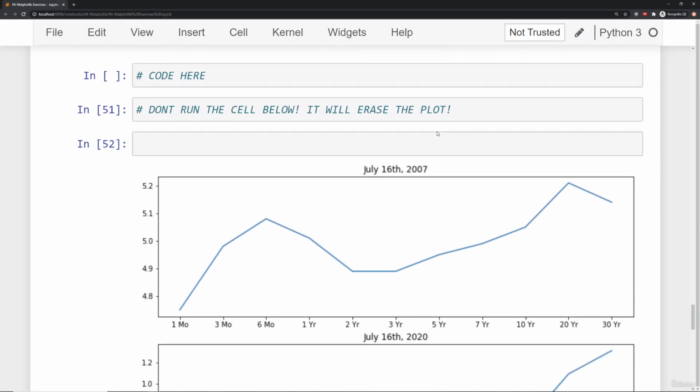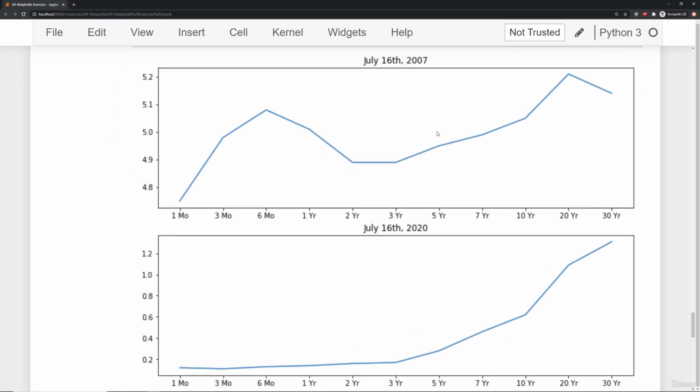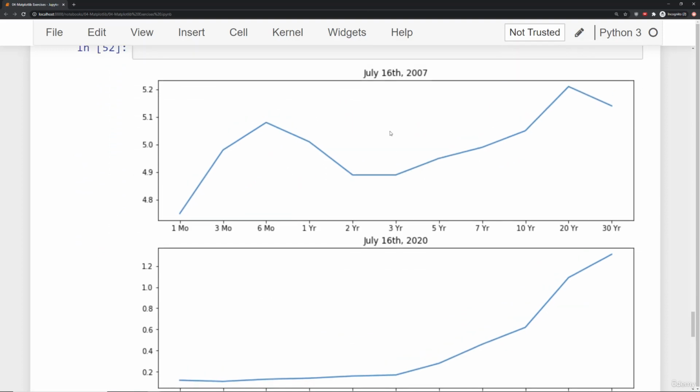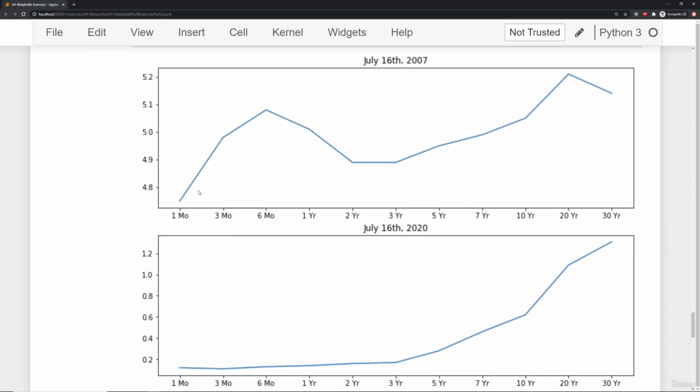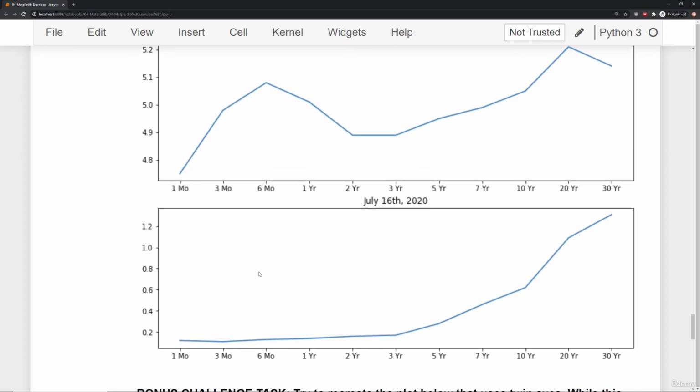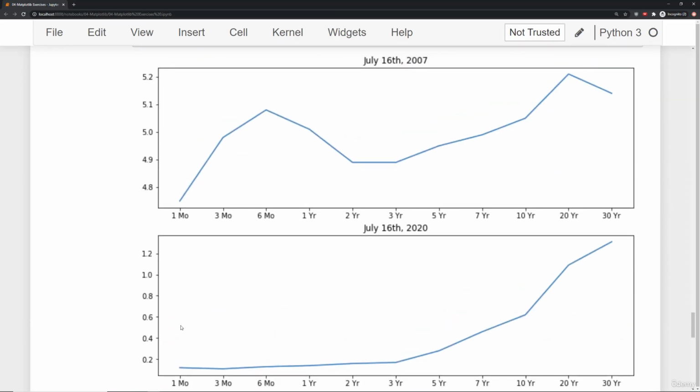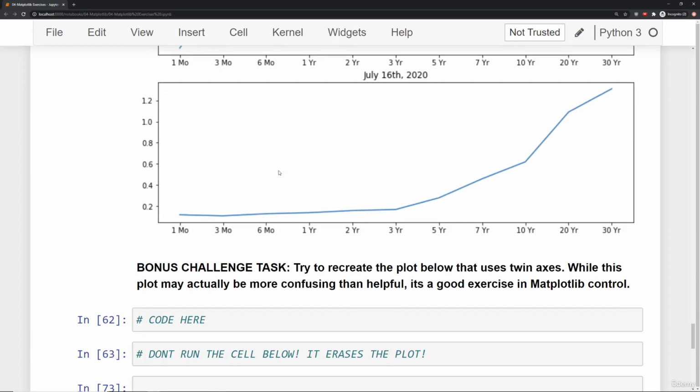So what we want you to do then is split this up into 2 plots. We talked about creating 2 plots, and here you can see them. Now we want you to show in 2 separate plots the yield curve for 2007 versus the yield curve for 2020. And now I can both compare them and see that the y-axis shows the difference in the yields.